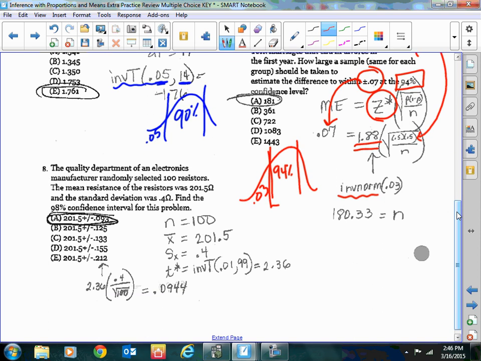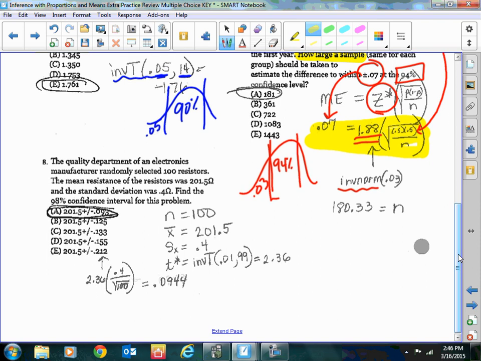So, in summary, here's your equation, and from there it's algebra to solve for n. And I knew I was solving for n because it said how large of a sample, so that means solve for n. I have all of the numbers except for n, and I can do the computation algebraically. Okay, that's it on that.